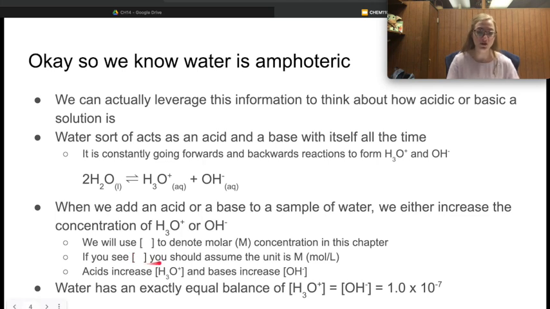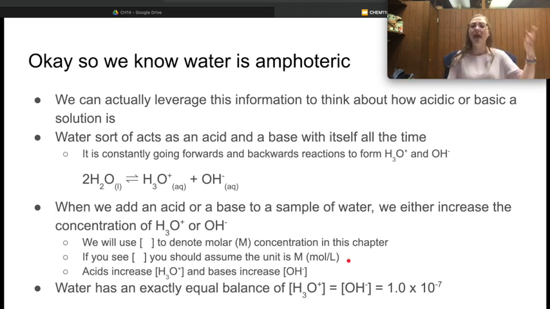If you see those square brackets, you should assume that the unit is capital M, molarity, molar, moles divided by liters. So that being said, water has an exactly equal balance of the concentration of H3O+ equals the concentration of OH-, and that's going to be 1.0 times 10 to the negative 7th, and we can assume that capital M molar unit is back there.